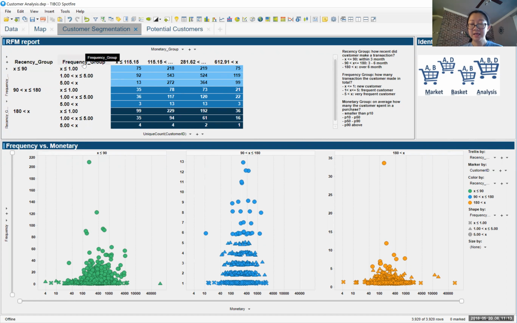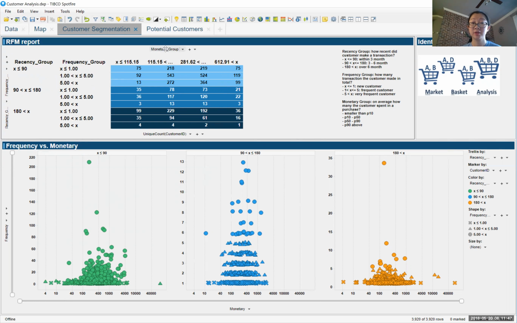The frequency is for tracking how frequently the customers make transactions with you. For this specific example, I used the cutoffs of 1, 2 to 5 times, and over 5 times. If the customer only made 1 transaction with you in the whole history, those are the new customers. 2 to 5 are frequent customers, and over 5 means your very frequent returning customers.